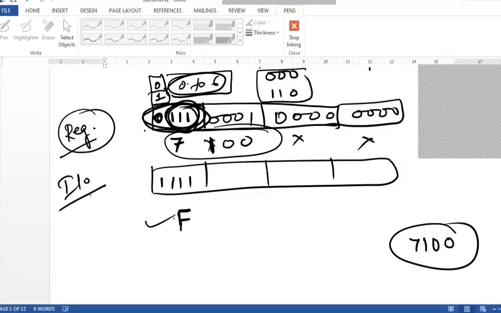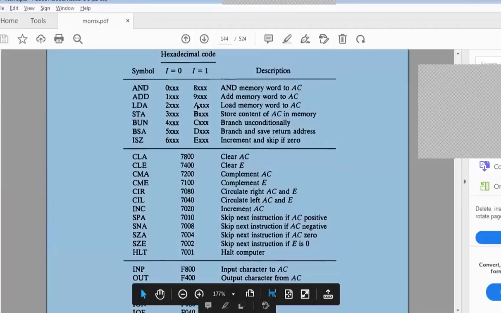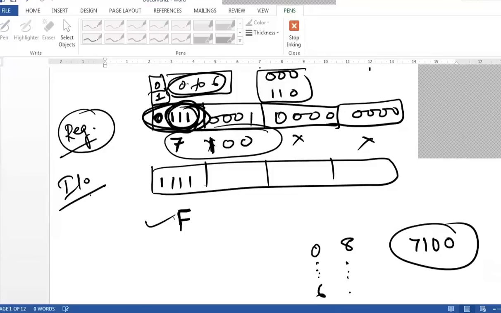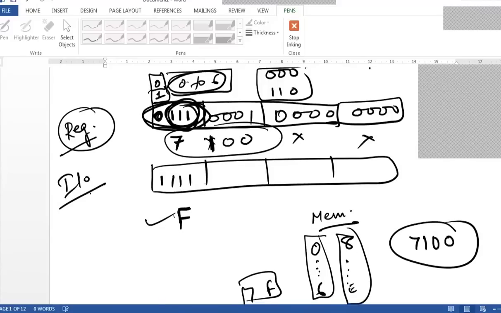So if my instruction starts from 0 to 6 or 8 to E, it is a memory reference instruction; 7 and F are reserved for register reference and input-output instructions. Is this clear to all of you? Yes or no? The three types of instructions.